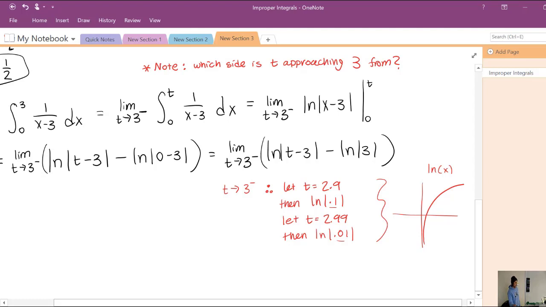If x is slowly coming from here, that limit's heading straight down, it's heading towards negative infinity. So we get this as negative infinity minus natural log of 3, which means our answer doesn't exist, it's divergent.